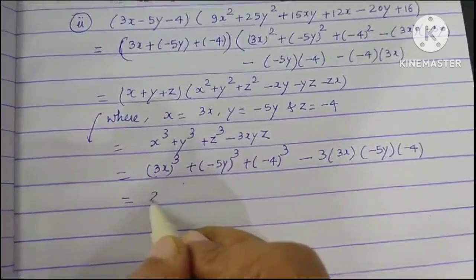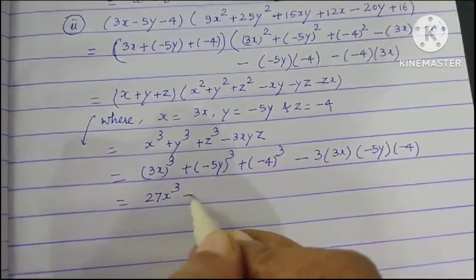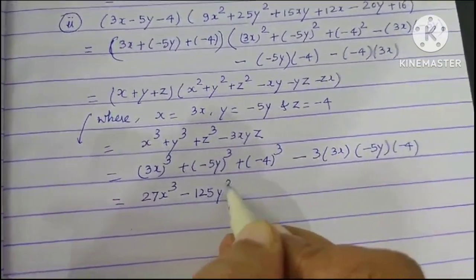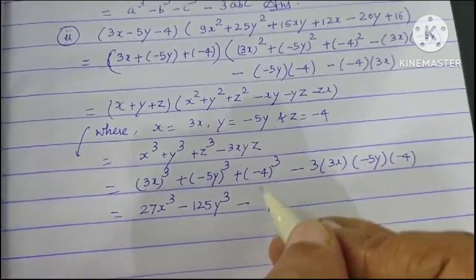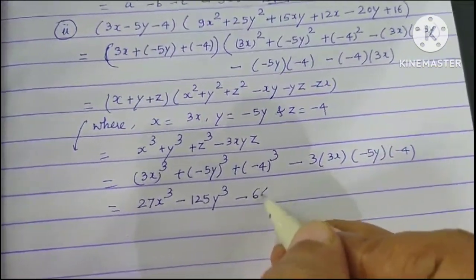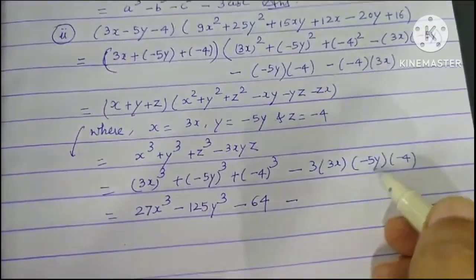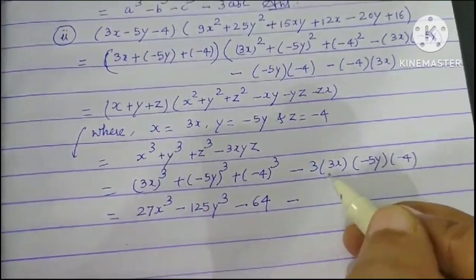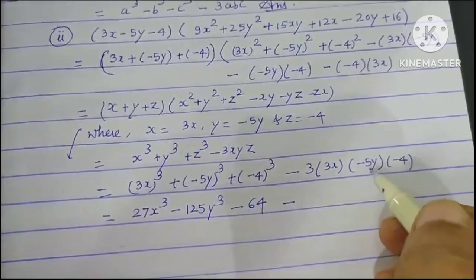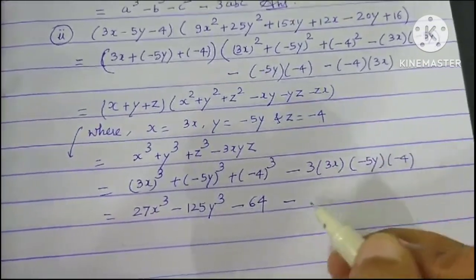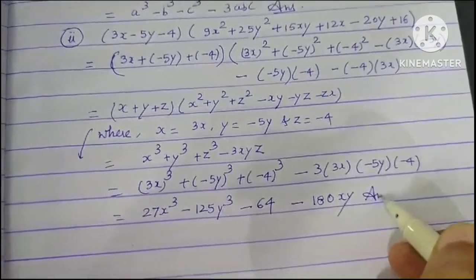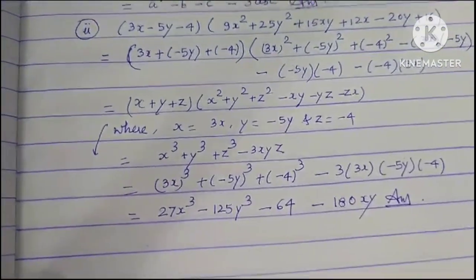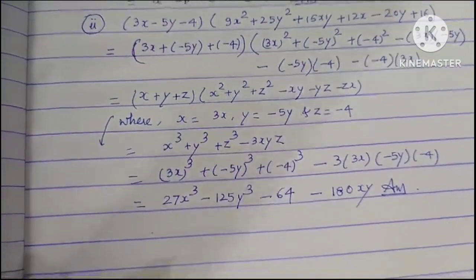So this will become 27x cube minus 125y cube minus 4 fours are 16, 4 sixteens are 64, and this minus plus and again minus. So 3 threes are 9, 5 fours are 20 and 9 twenties are 180xy. So this will be our answer, 27x cube minus 125y cube minus 64 minus 180xy.